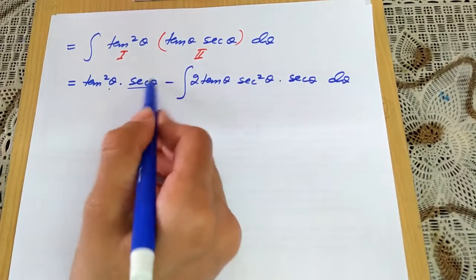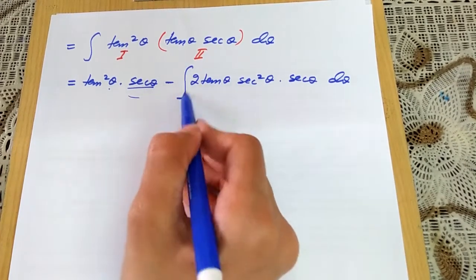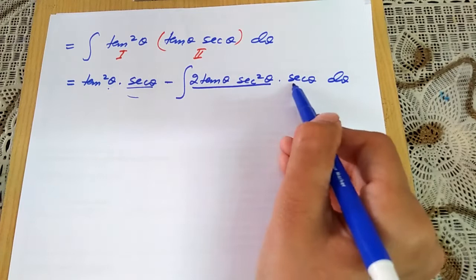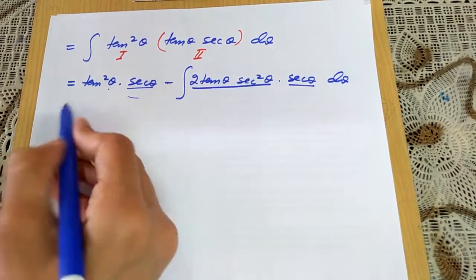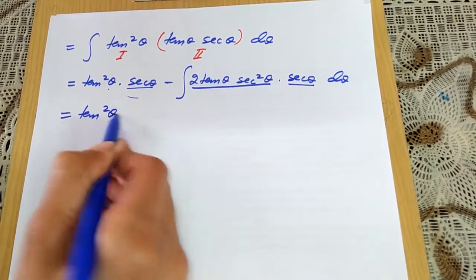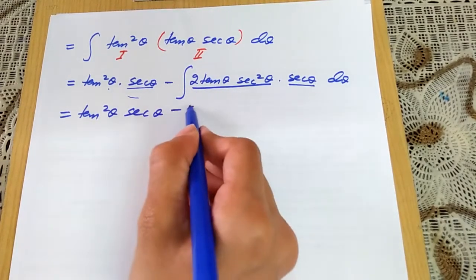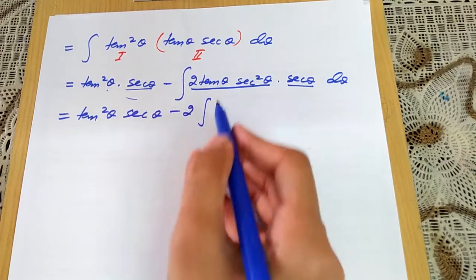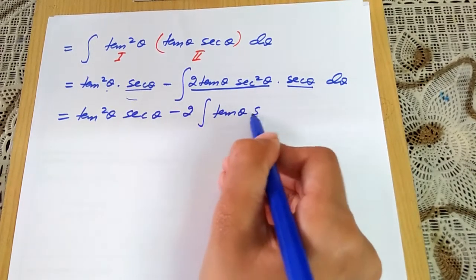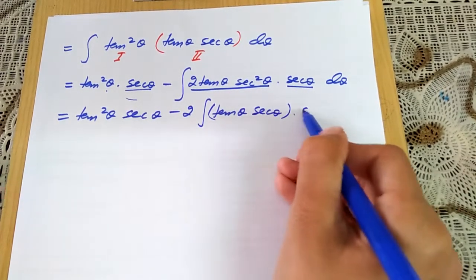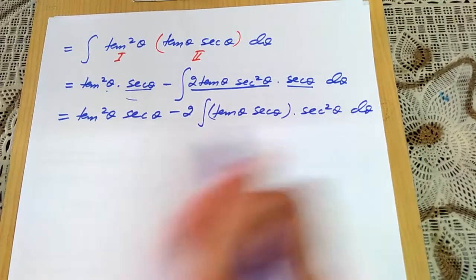So it will become tangent square of theta secant theta, and minus 2 will come outside, and we will be left with tangent theta secant theta into secant square of theta d theta.